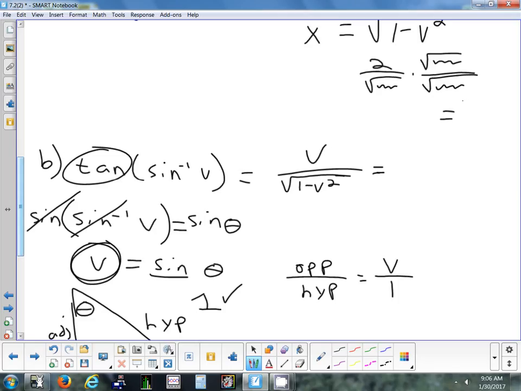Then your final answer is the numerator times the square root of squiggle over squiggle. In this case, I have a v in place of the numerator, and in place of squiggle, I have 1 minus v squared. So I can write v square root 1 minus v squared over 1 minus v squared.